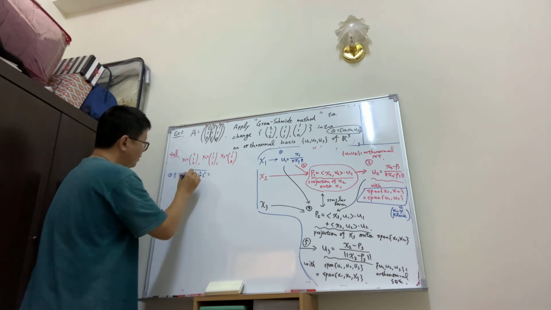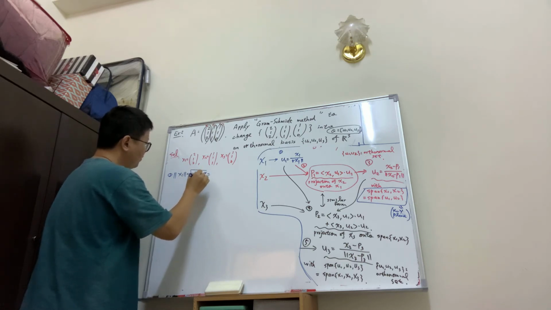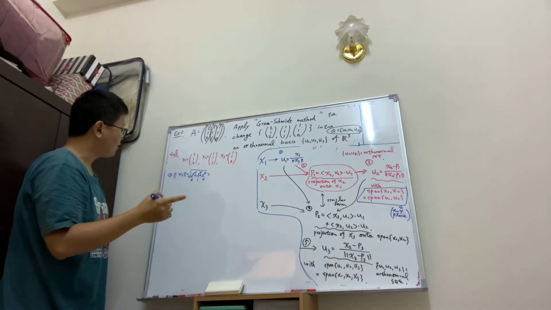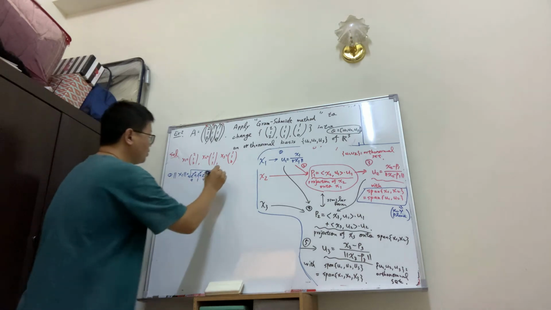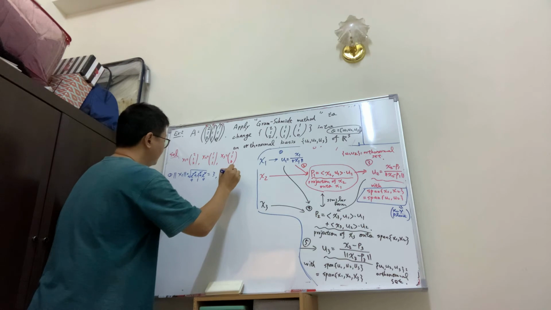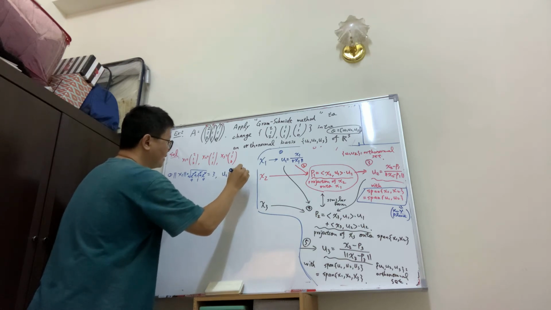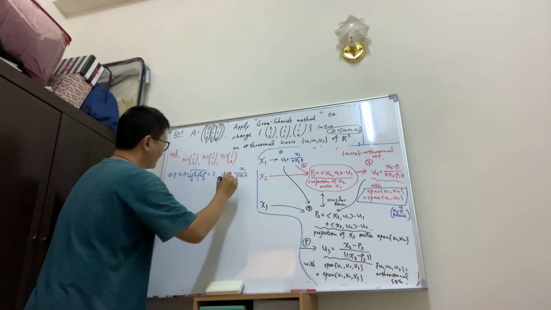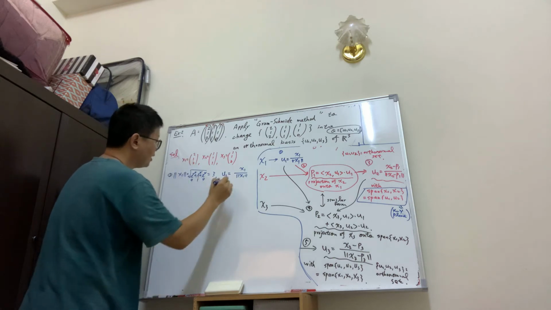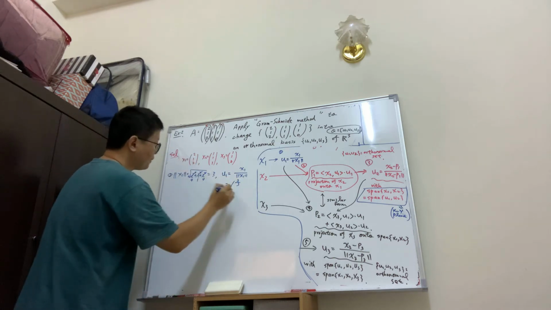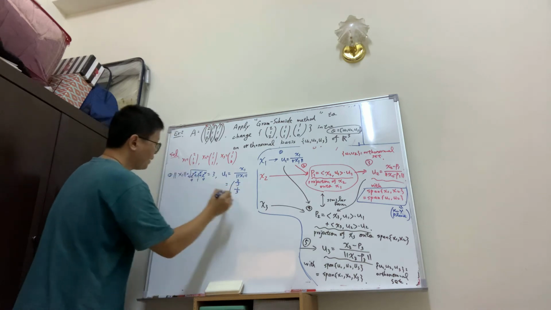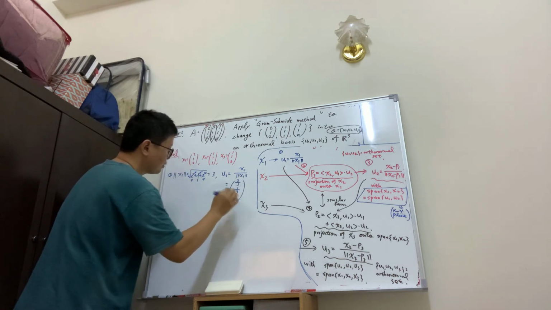So it's 4, 1, 4. So 4 plus 1 plus 4 is 9. The square root becomes 3. So U1 is the vector S1 divided by its length. So it's the vector divided by 3, each term divided by 3. So 2 divided by 3, 1 divided by 3, 2 divided by 3.